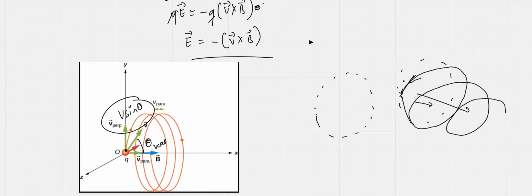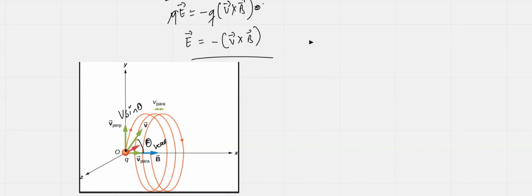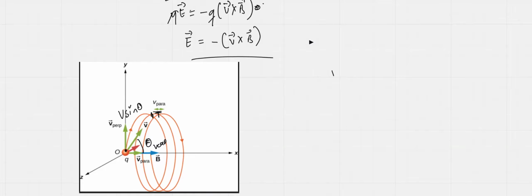Okay, something like this. There are a lot of things we can figure out with this data. Generally, the distance between two helical circles, this is one helical circle, this is another, this gap is called the pitch. If I ask you what the pitch is, you can simply say, sir, I know the velocity in this direction, that is v cos theta.